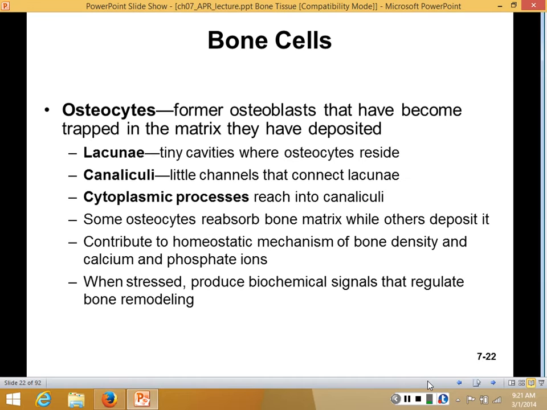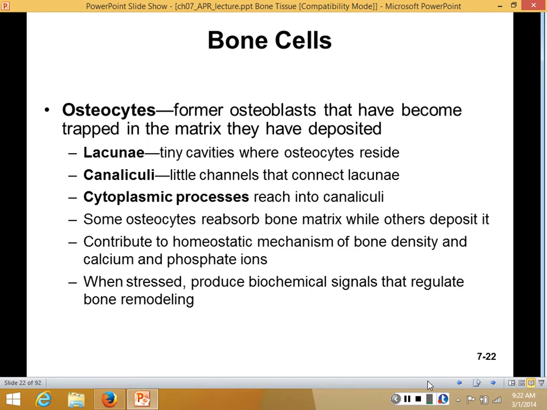Osteocytes. Like I said, these were former osteoblasts, but they're really mature osteoblasts, and they've changed the name and are calling them osteocytes. I think the lab you did last week had a picture of the bone where you had to label the central canal, the canaliculi, the lacunae, the lamella, things of that sort. The osteocytes are housed inside of the lacunae, those little areas inside of the bone.